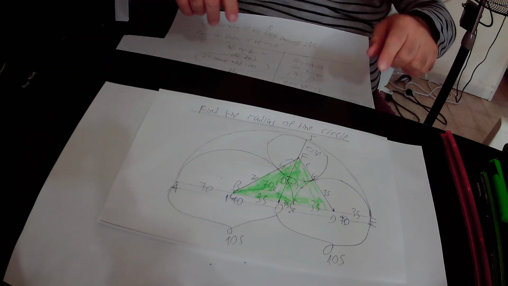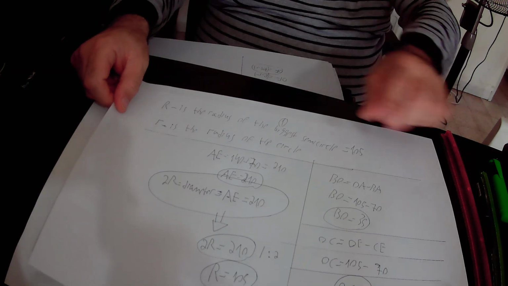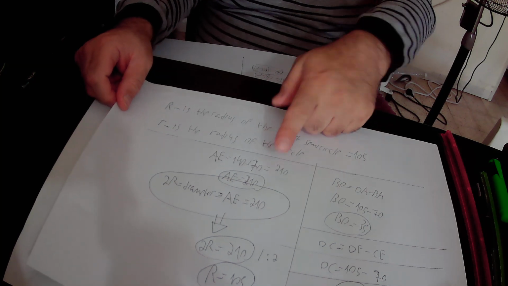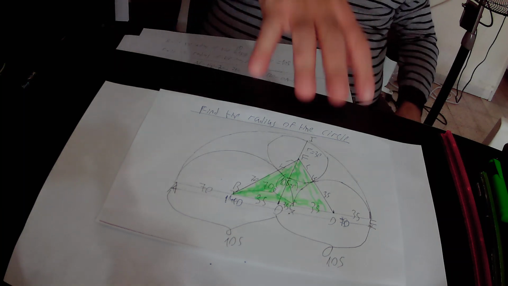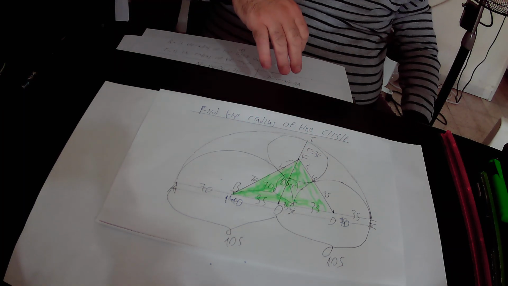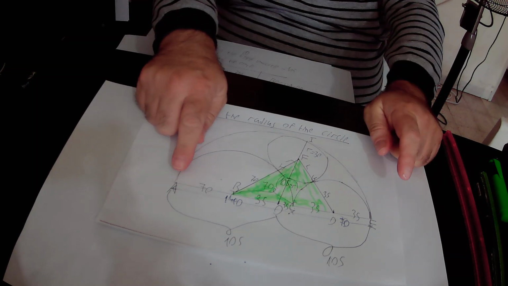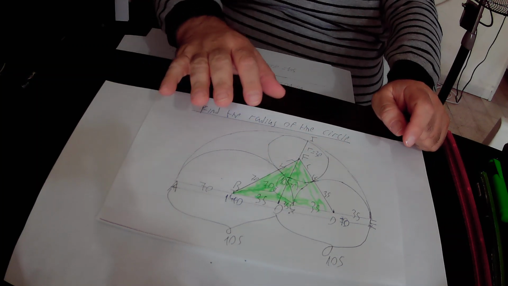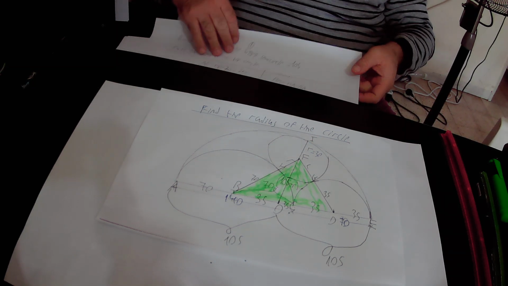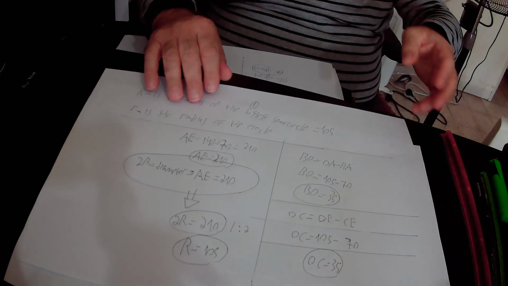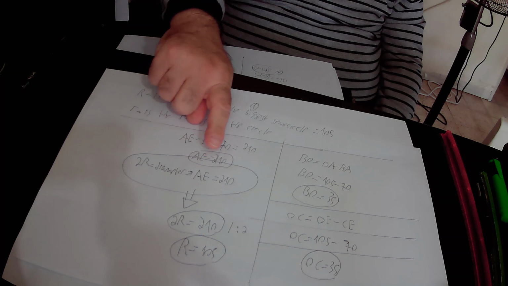It is given that AE equals 140 plus 70, that is 210. So AE equals 210 units. Because the radius of the biggest semicircle equals capital R, and we know that line segment AE is the diameter of the biggest semicircle, the diameter AE must be equal to 2 times capital R. We already found out that AE equals 210 units.